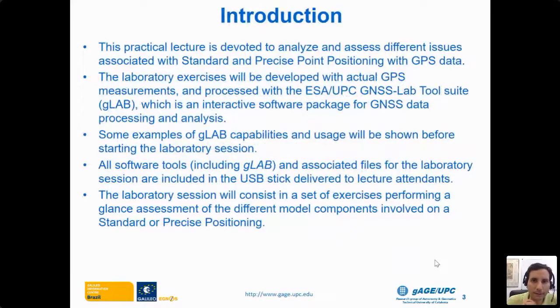In this practical lecture, we will see how the processing and the positioning modes that Jaume was commenting on in the previous lecture work.